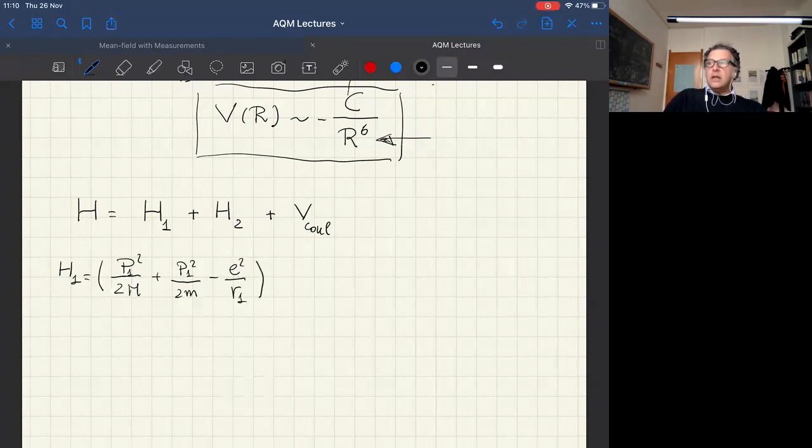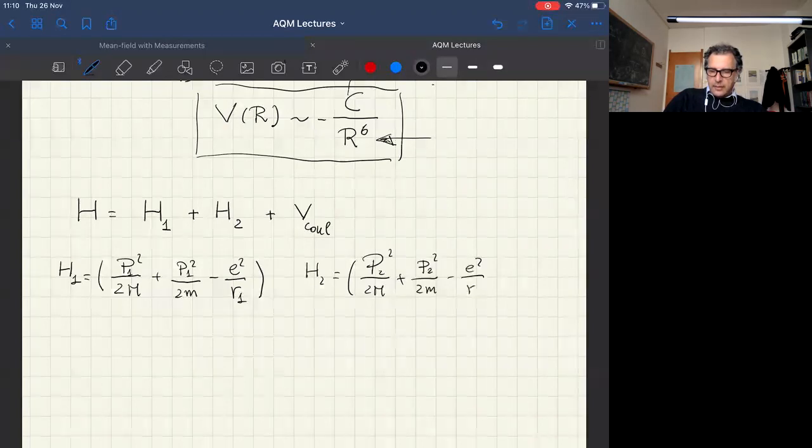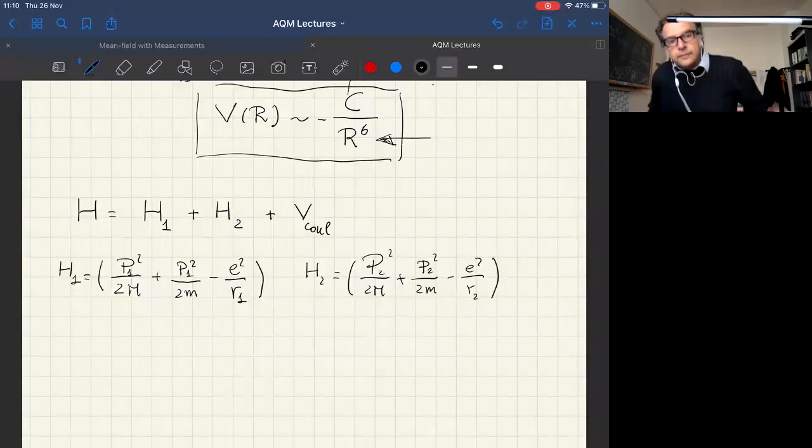Okay, and the same is true for H2, for the second atom. So you have p2 squared over 2m for the electron, minus e squared over r2. Okay, so r1 and r2 are the distances.